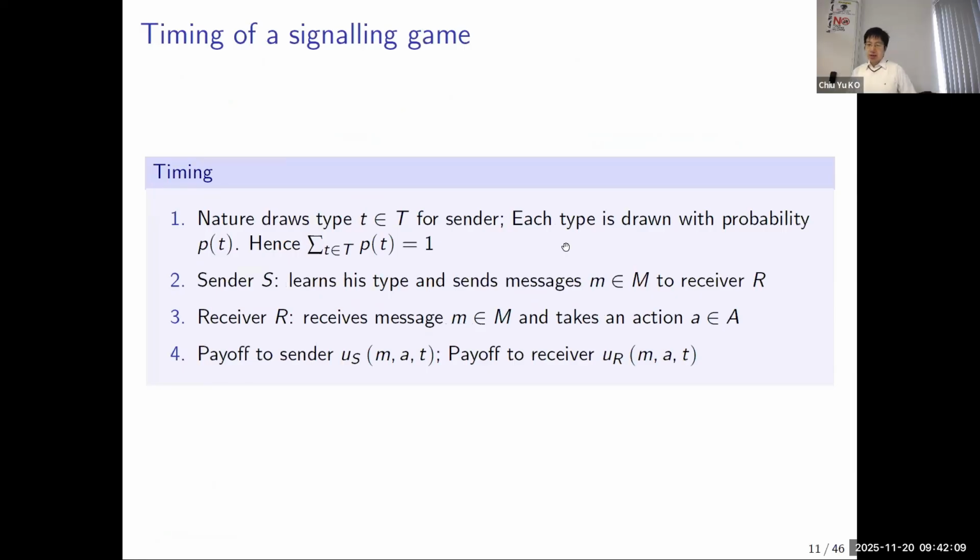And the game is just like: nature draws the type of sender, the sender decides the message to send, and the receiver receives the message, takes action, and gets the payoff, okay? And the particular point you will see is that stage 3 is where the belief is formed, right? So initially, the receiver's beliefs, according to Bayes' rule, would follow nature, right? But once nature does something and the sender does something, the receiver will update in the Bayesian way, if in equilibrium, and any type is possible.